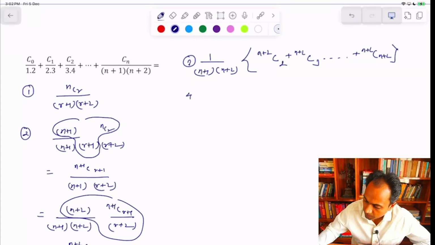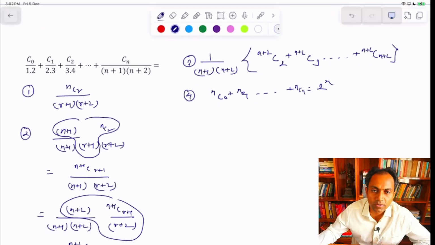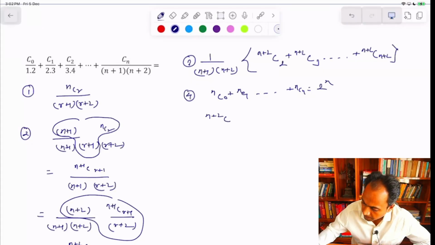Well, we can see in the fourth part that the standard result is nC0 plus nC1 till nCn is equal to 2 raised to the power n. But in this case, we'll have to replace n by n plus 2 now. So n plus 2 C0, n plus 2 C1, n plus 2 C2, n plus 2 C3. It will keep on happening. The answer will be 2 raised to the power n plus 2.